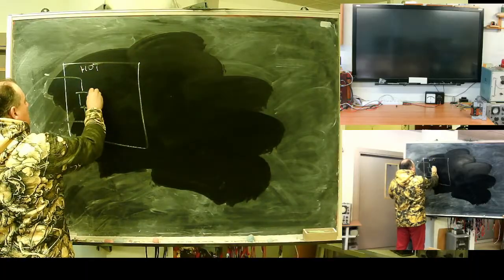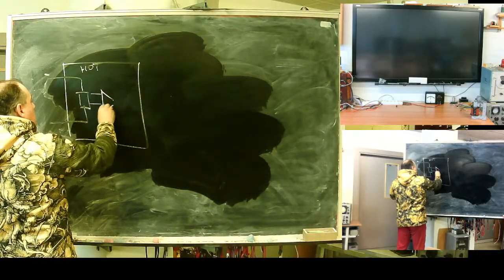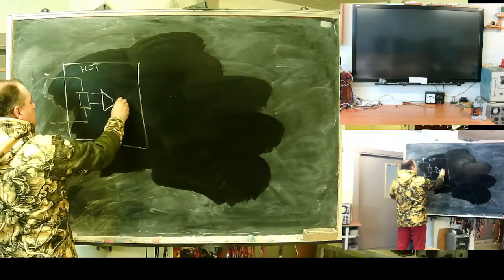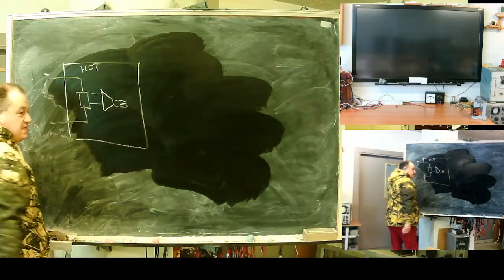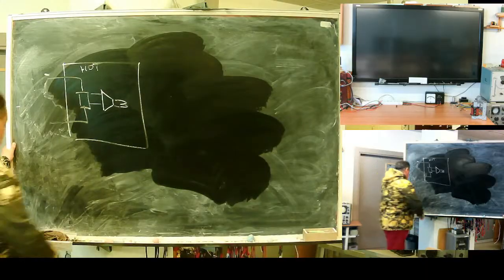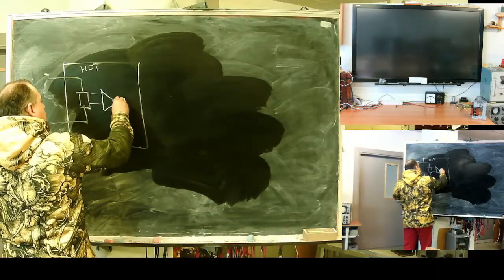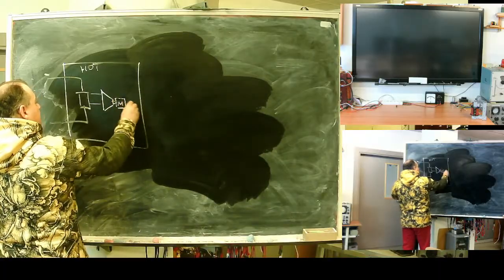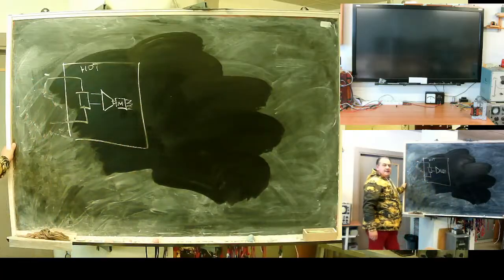In the hot area, initial amplification, high frequency transformer. Here, initial amplification. M is a modulator. High frequency transformer. The signal is converted into, for example, a frequency modulator.